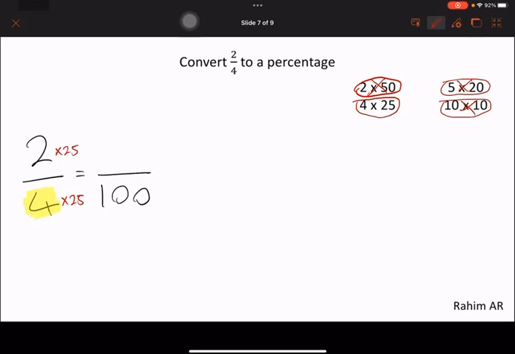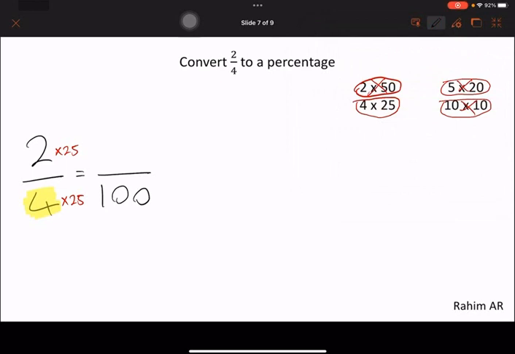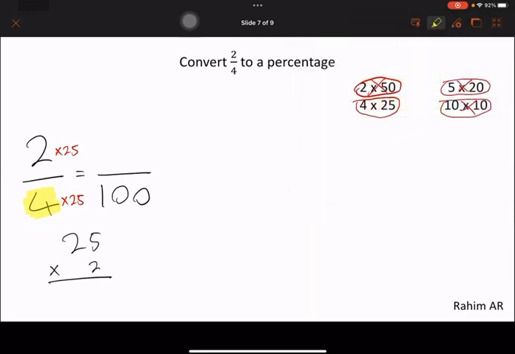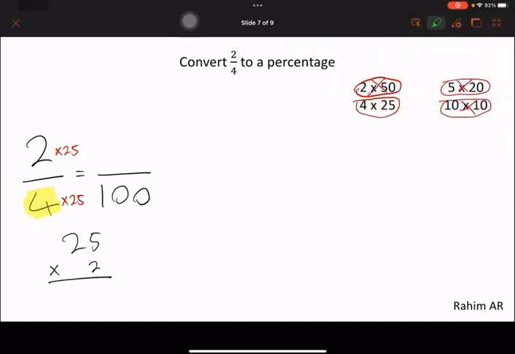If you're unable to calculate it directly, don't worry. You can still use the column method. 25 times 2. As usual, we start with the smallest place value first. 25, 5 is the smallest place value.